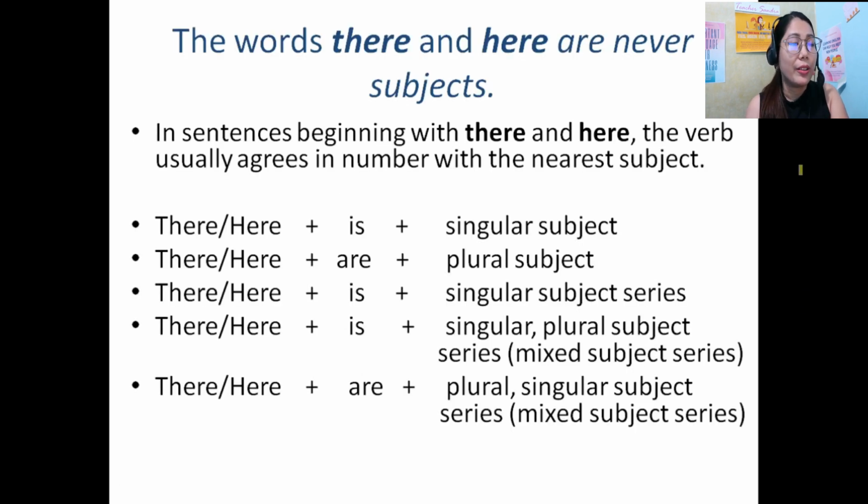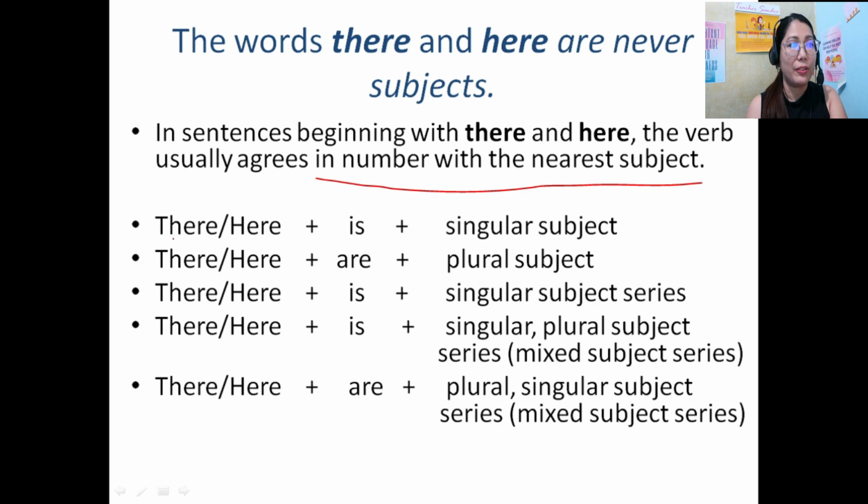The words there and here are never subjects. They are just at the beginning, but they are not subjects. So in sentences beginning with there and here, the verb usually agrees in number with the nearest subject.